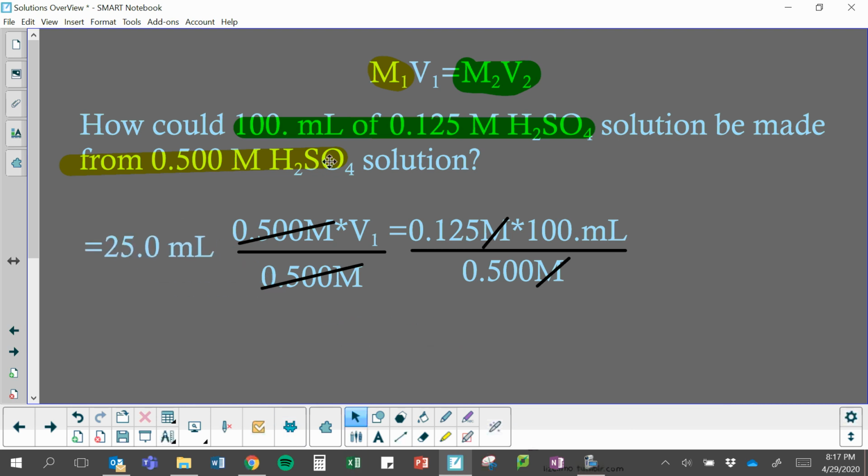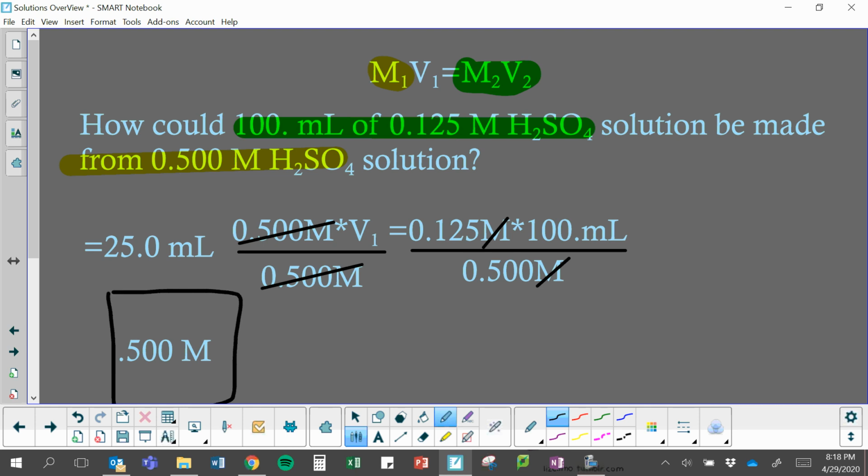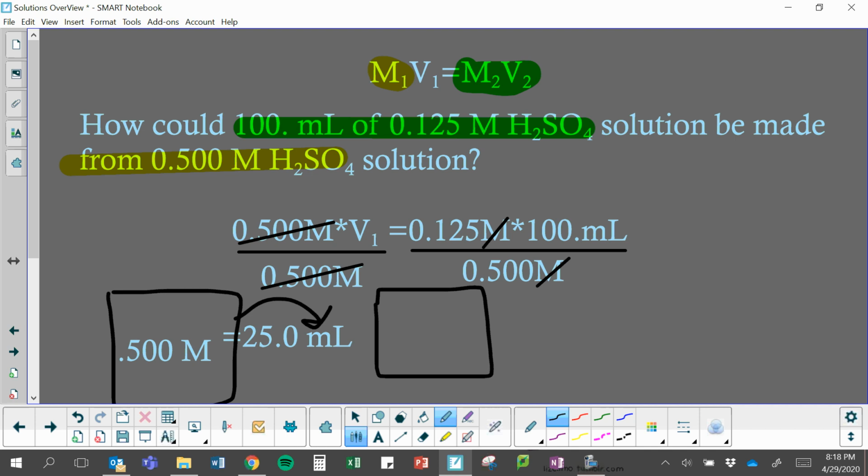So how we would make that actual solution is we have a 0.500 molar solution, and we're taking from that 25 mils and putting that into our container, probably a volumetric flask.